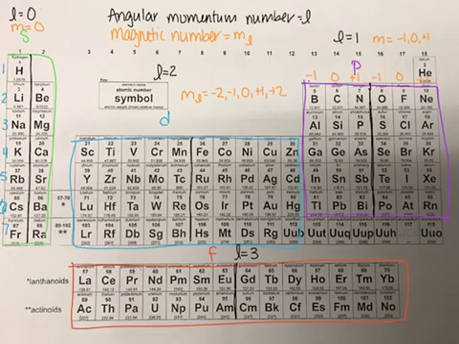So again, start on the left, -2, -1, 0, +1, +2. Reach that line of symmetry, and start over at -2, -1, 0, +1, +2.